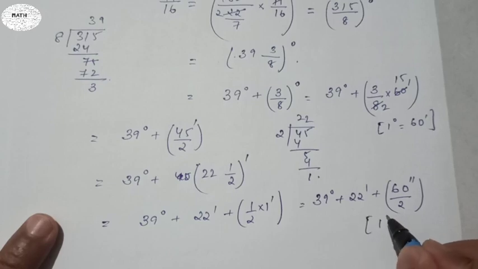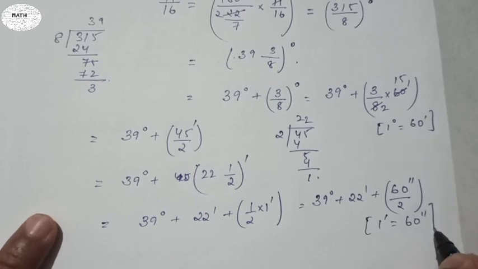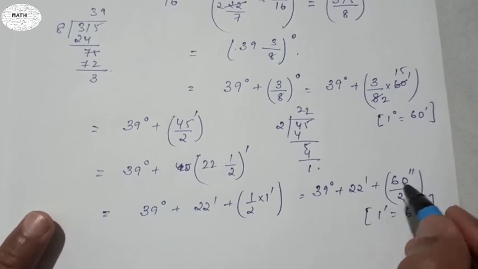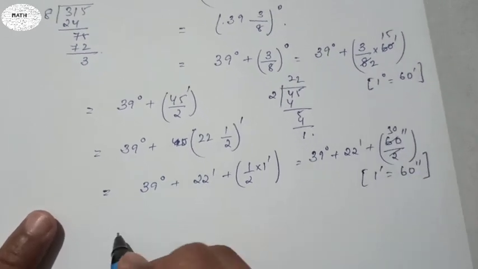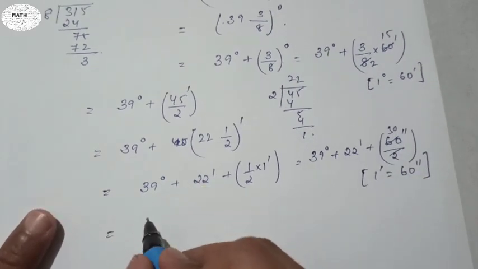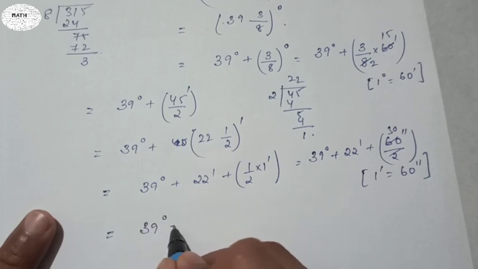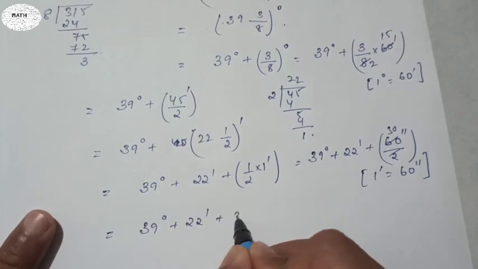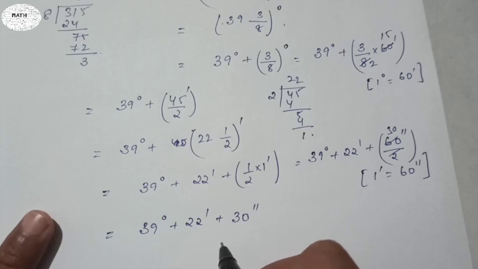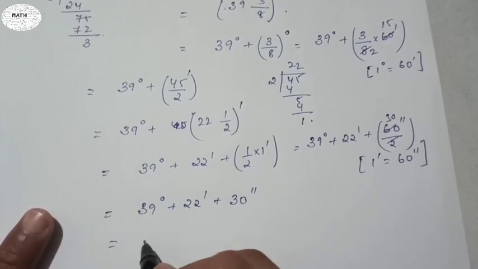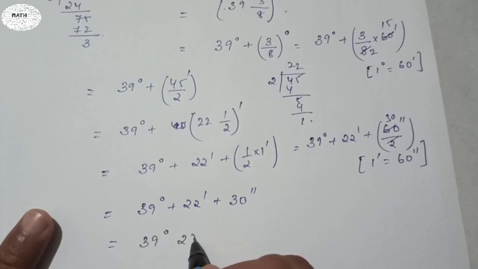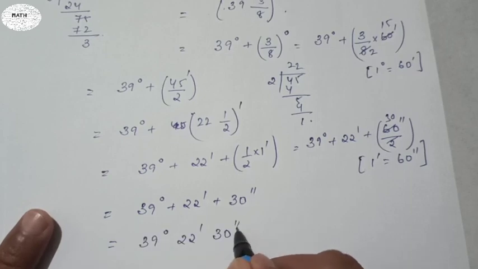It's because 1 minute is equal to 60 second, and second is denoted by a double dash. If I cancel this, I'll get 30. So overall, the answer is 39 degree plus 22 minute plus 30 second, which matches your answer. The only difference is that over there the plus is not there, so remove the plus sign. So there will be 39 degree, 22 minute and 30 second.